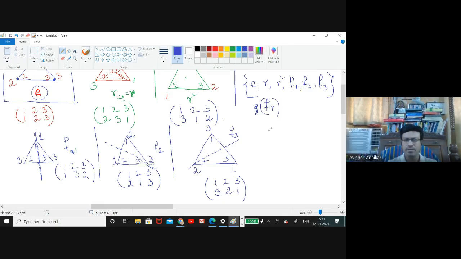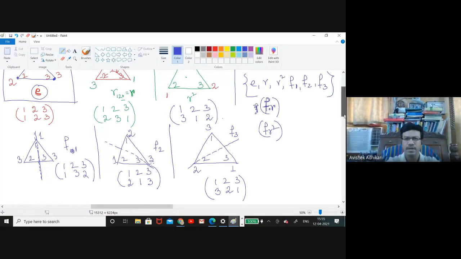And then what is our FR square? So what is FR? So FR means, here R is on the right and then you are applying it on that R, this F. For example, when you have some function, say F and G are two functions, how do you explain this?